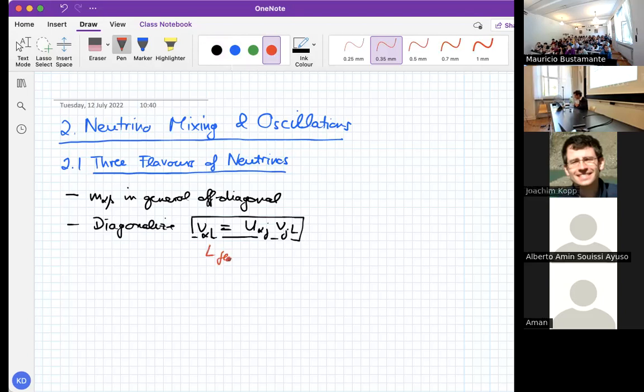These were the fields that we've had in the Lagrangian in the first lecture. And these fields nu j L now are the ones of definite mass. This is the basis in which the mass matrix is diagonal, so we call them mass eigenstates. And finally, this matrix that does the transformation is the unitary mixing matrix.